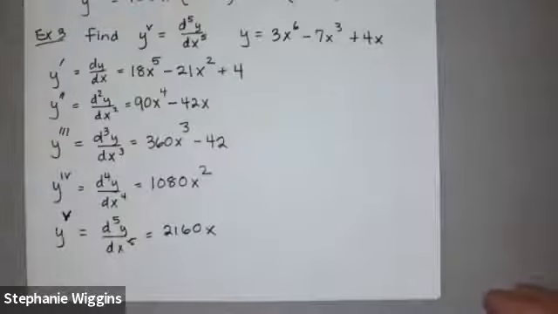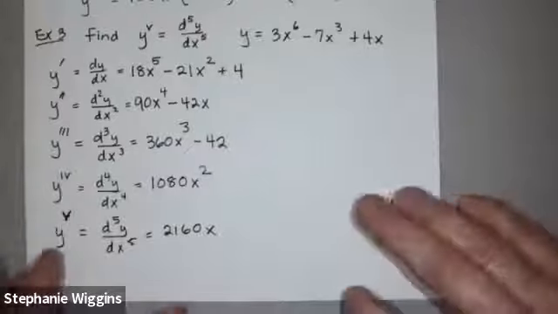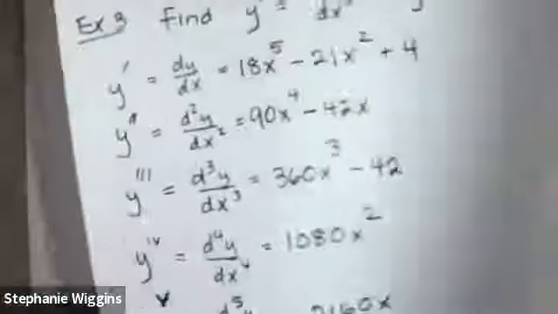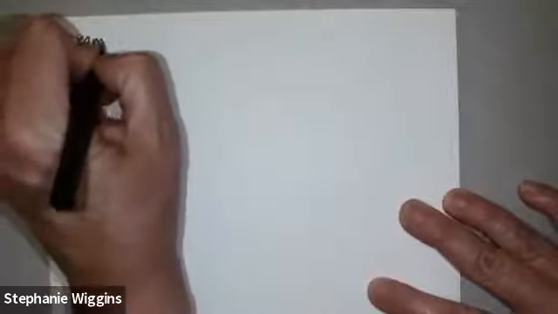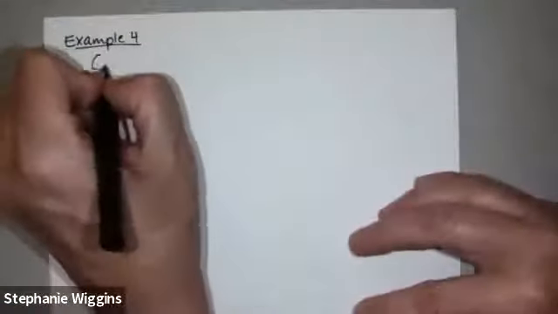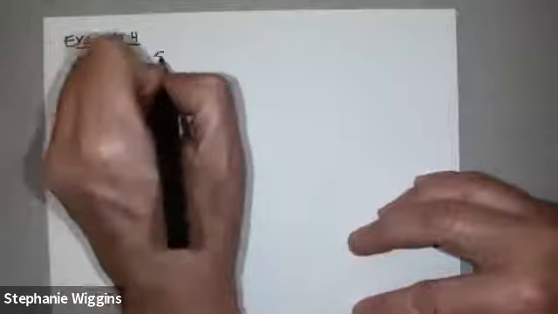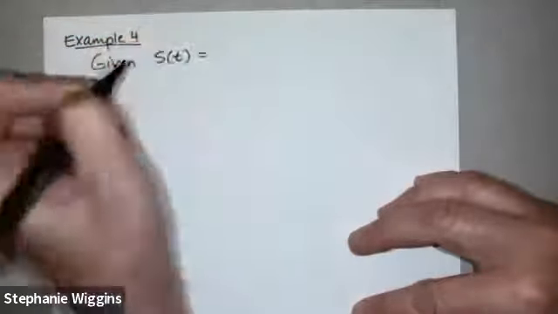You're given the position of a particle, or some position function. Let's see, this will be example 4. You're given s of t equals 3t plus 9.